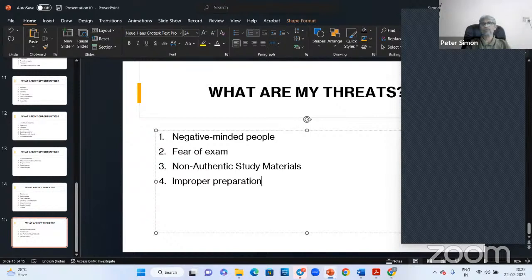For example, some people are preparing on mobiles, phones, iPads, iPhones or tablets. That is not fine. You have to prepare on hard copies.